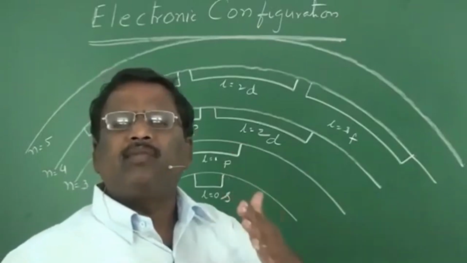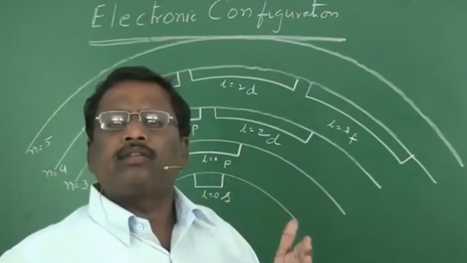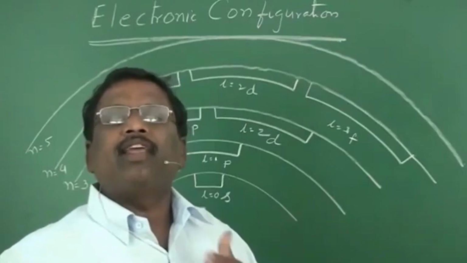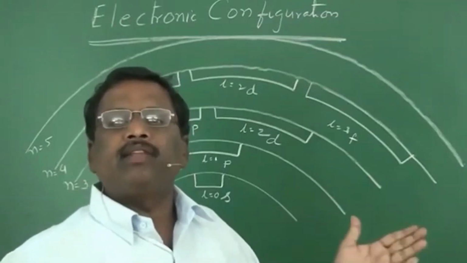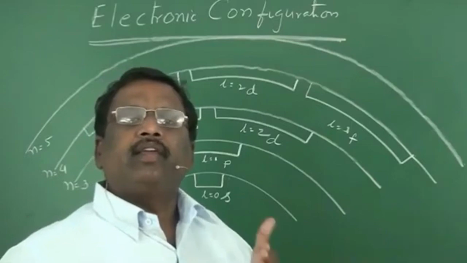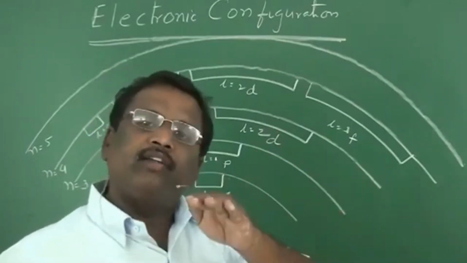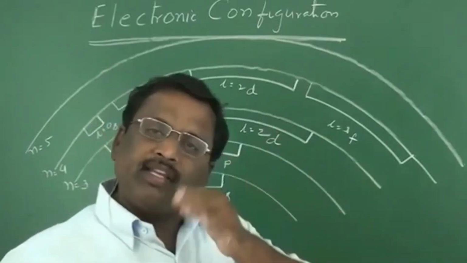These are generally called orbitals, but they are not orbitals. We should call them sub-energy levels: s sub-energy level, p sub-energy level, d sub-energy level, f sub-energy level. Orbital is a different word with a different meaning.